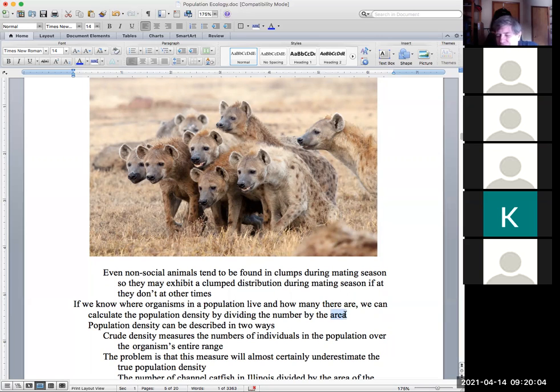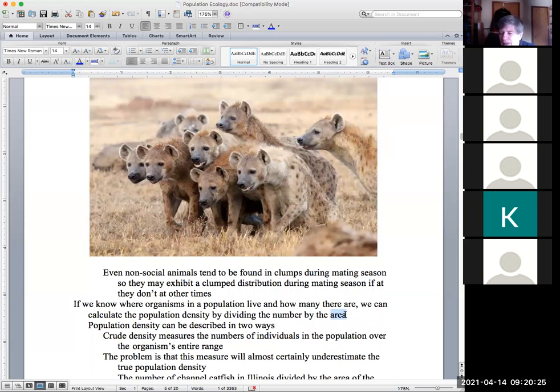Now, there's two ways that we can do this. We can count the number of hyenas and we can divide by the area of their range. The problem with counting the number of hyenas and dividing by the area of their range goes back to the problem with the range that we talked about earlier.